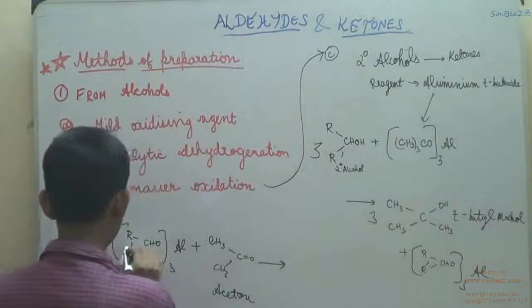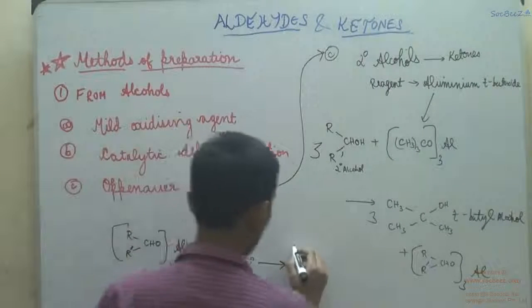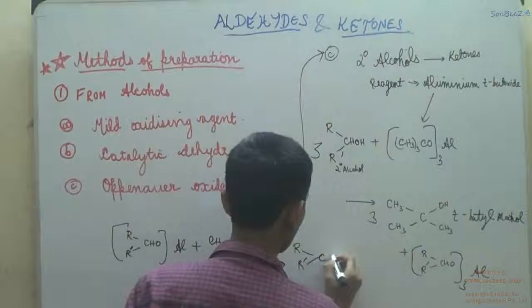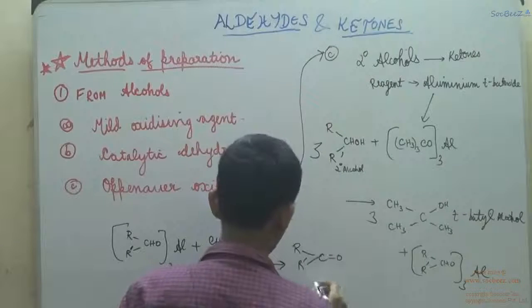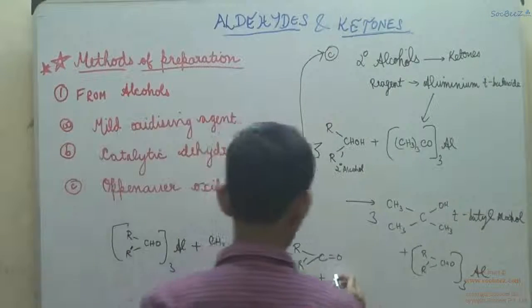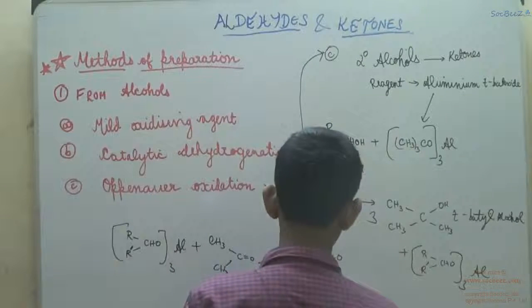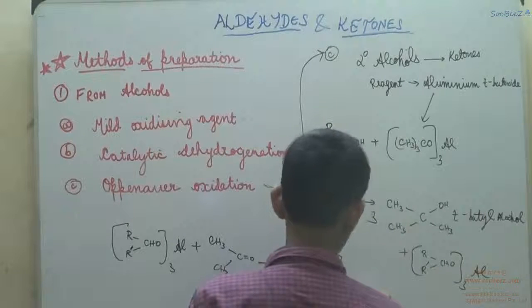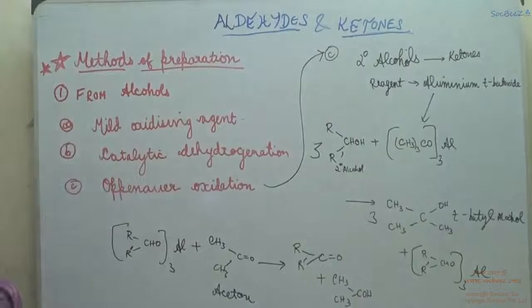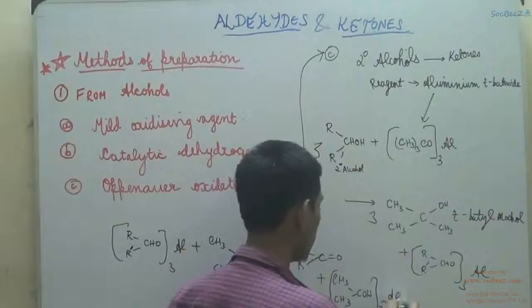This is R', remember. So you get R' C double bond O, this is your ketone, plus an organometallic compound of aluminum.